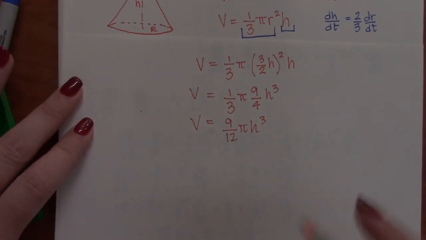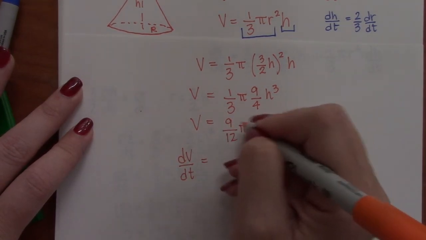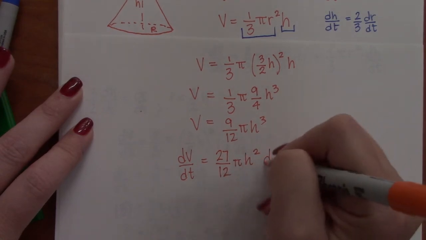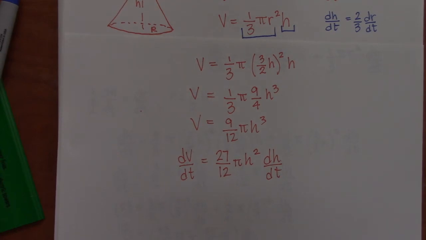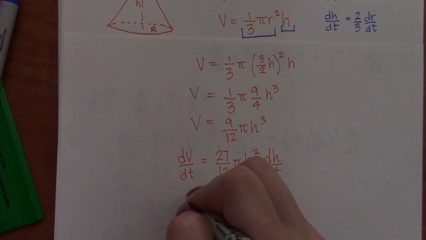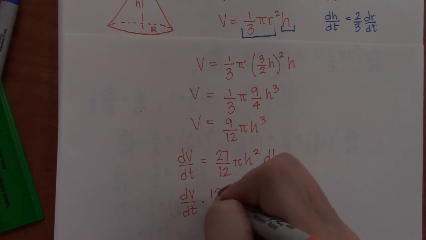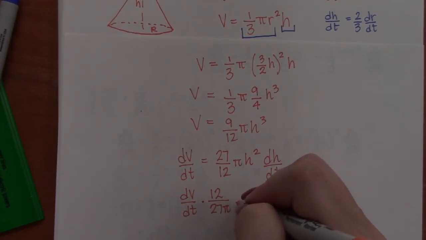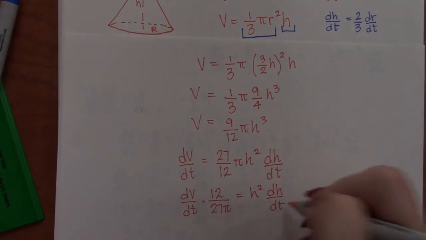Now when you take the derivative, look what happens. dv over dt, 3 times 9 is 27, dh dt. So all you were looking for here was dh dt. So dv over dt times 12 over 27 pi is h squared dh dt.